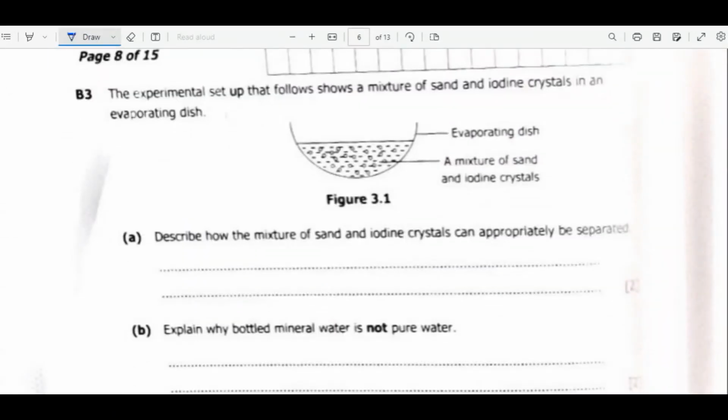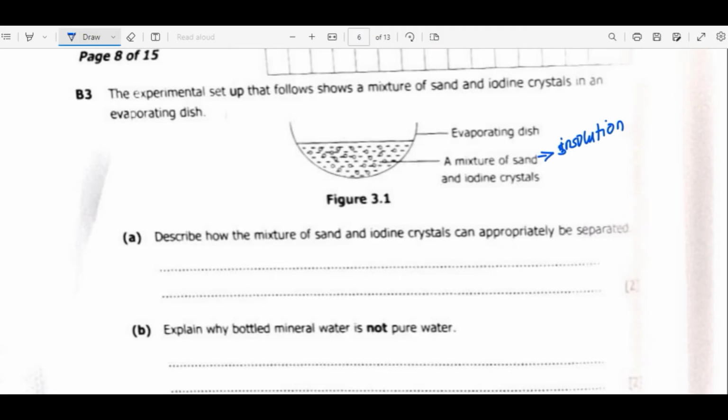We move on to question 3. The experimental setup that follows shows a mixture of sand and iodine crystals in an evaporating dish. Question A. Describe how the mixture of sand and iodine crystals can appropriately be separated. Sand is insoluble, so it can't dissolve in water, and no matter how much heat we apply, nothing will happen to sand.